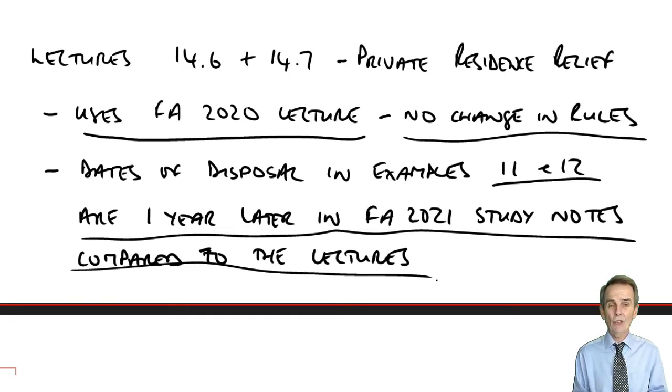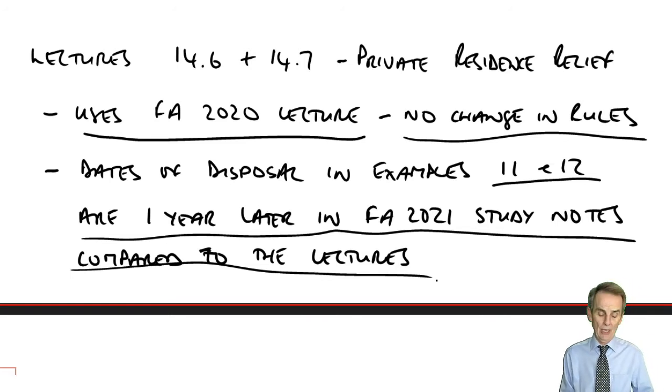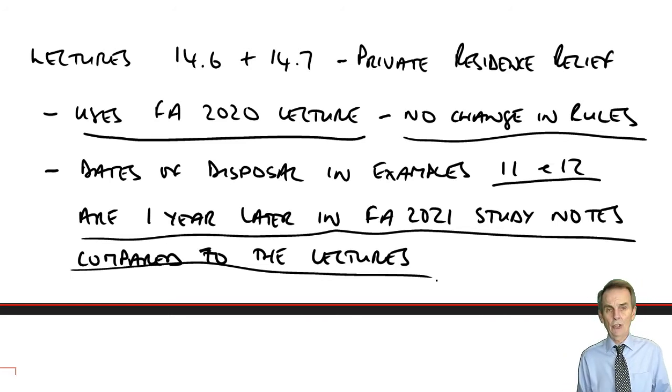We just got an extra 12 months period of ownership. But the rules, the principles are exactly the same. Again, I'd encourage you here to, of course, use your own Finance Act 21 study notes, but watch the lecture, and albeit when you come to the examples, the date of disposal is 12 months later than, as I said, it is in the lectures. Other than that, it's all the same.